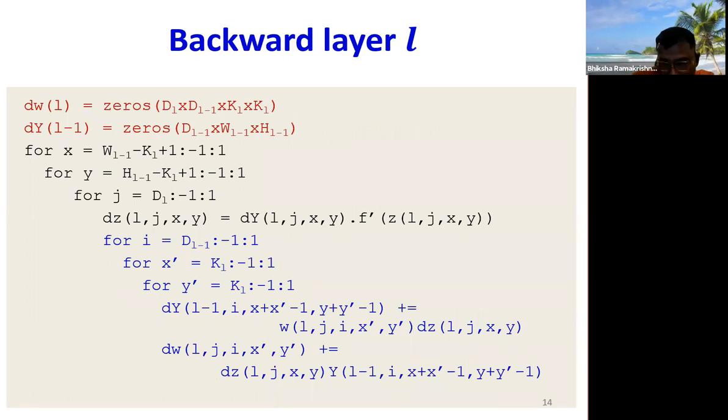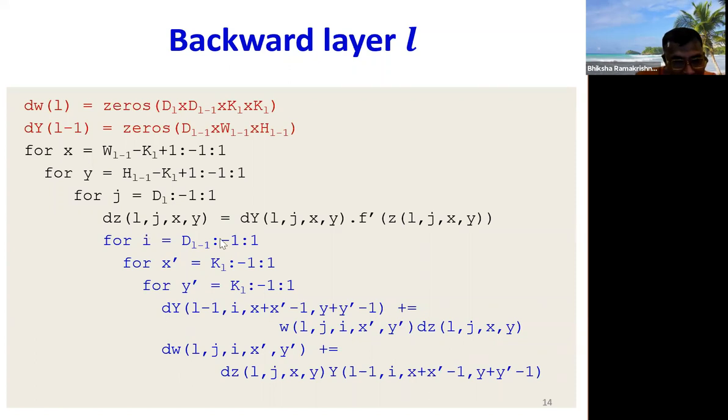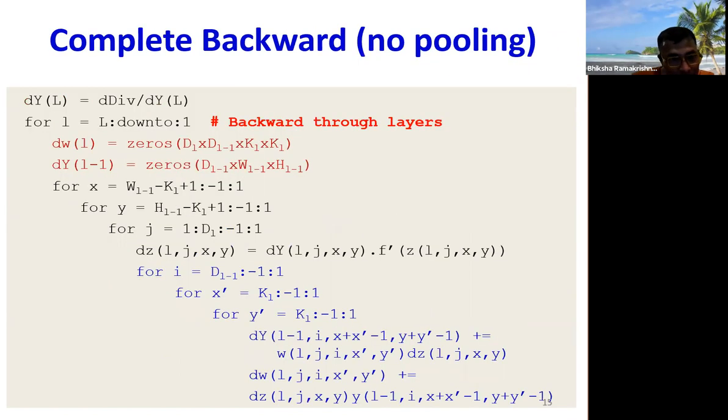That way I make sure that anytime I'm computing the derivative for some term, all the terms to the right-hand side have already been obtained. And for every line of this kind, z equals wx, wy, I'm going to get dy equals w times dz, and dw equals dz times y. That's it. This is the only change I need to make, and the whole thing works.